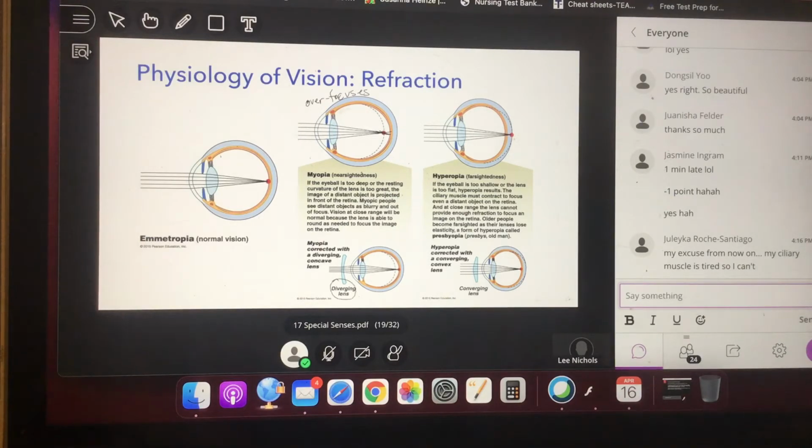So we can adapt that with a concave, diverging lens that spreads the light beams out a little bit more before they get to that over-focusing lens. And the ophthalmologist adjusts the lens until we are able to look at the object and it looks focused to us.